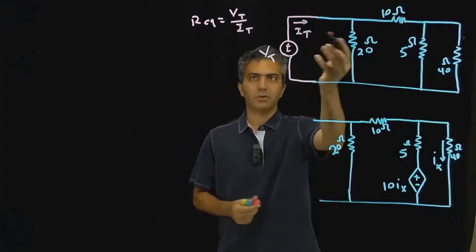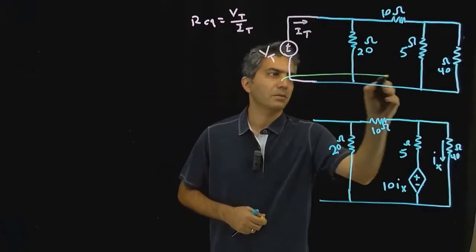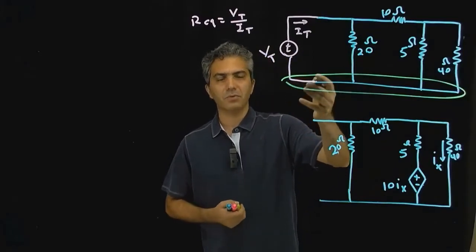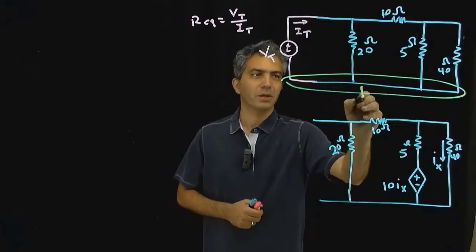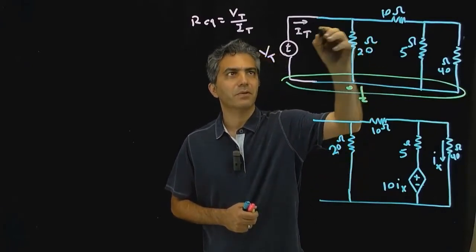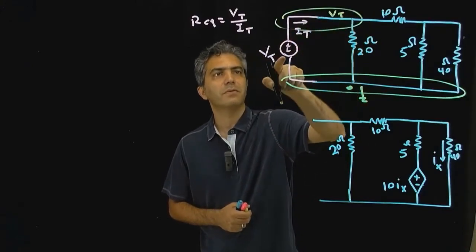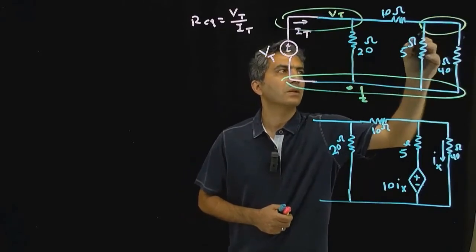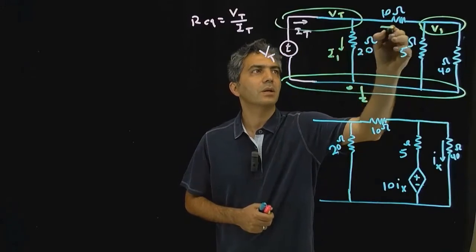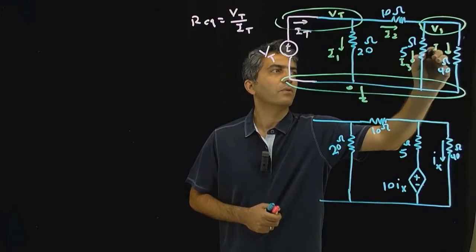Now, how do you do this? Simple. You go back to labeling the circuit. I'm explaining this as if you don't know any other shortcut for it. So then you start labeling everything here. That's your VT coming from the equation for this. You're going to call that V1. You can call that I1, I2, I3, I4.